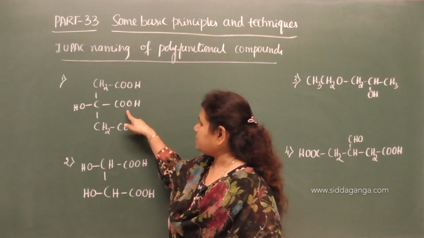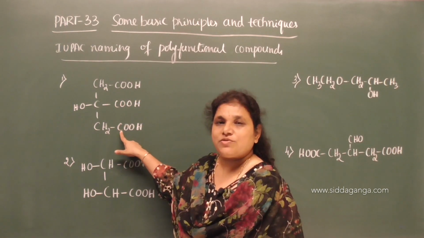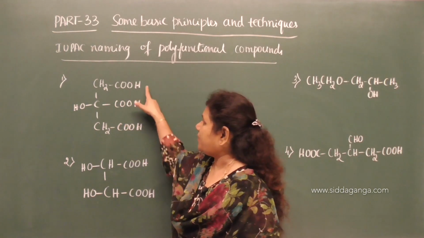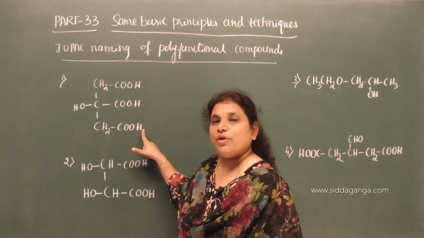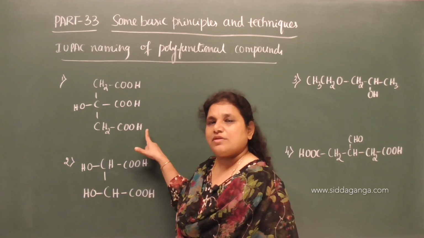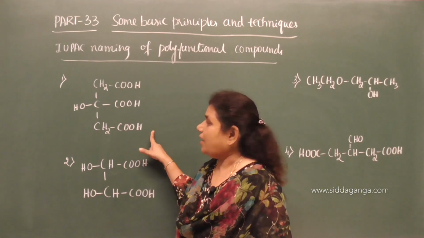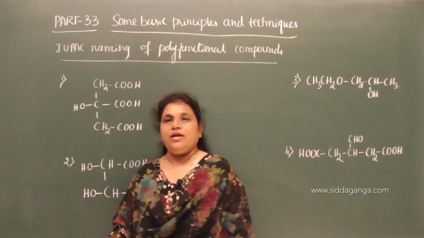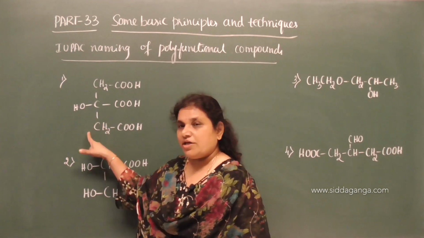Since there are three COOH groups, we cannot consider these three carbon atoms in the root word, and at the same time we cannot name it by taking the secondary suffix as oic acid. So, we need to take the special suffix called carboxylic acid, and this OH group, the alcoholic group, becomes the substituent now.